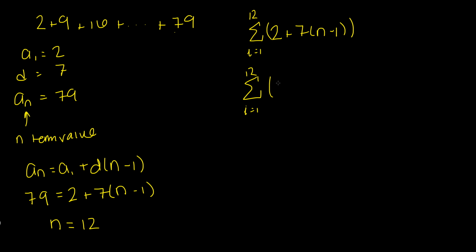So I distributed that 7, got negative 7, plus 2 is negative 5, and then the 7i goes there, so 7i minus 5. Okay, so using sigma notation, we're going to add all these up.